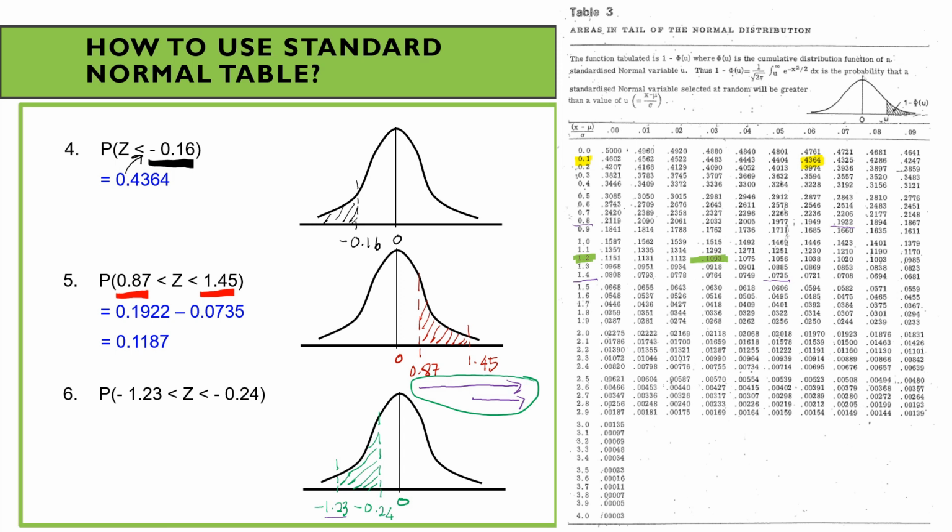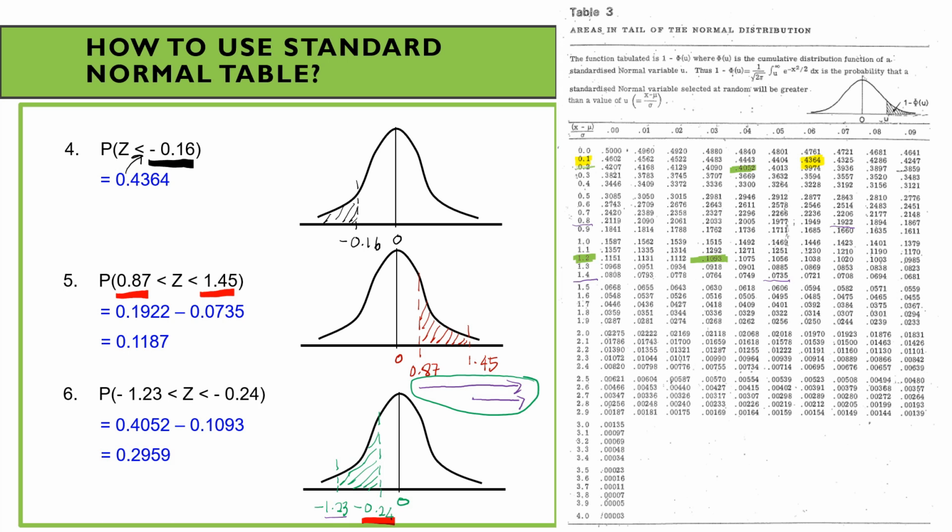Next is 0.24: 0.2, and then 4 here. So the final answer is 0.4052 minus 0.1093, which equals 0.2959.